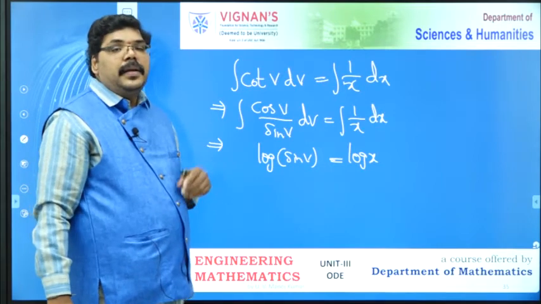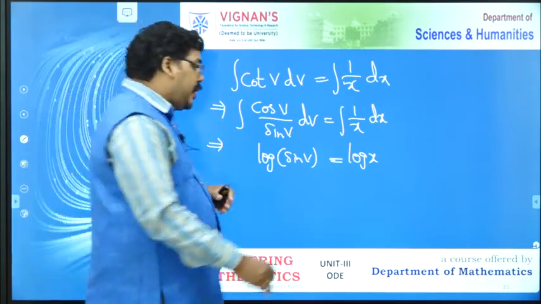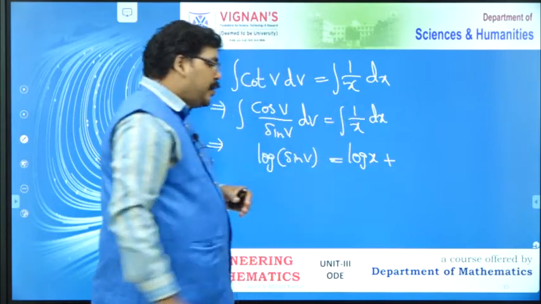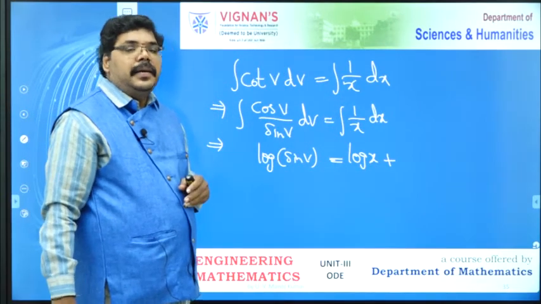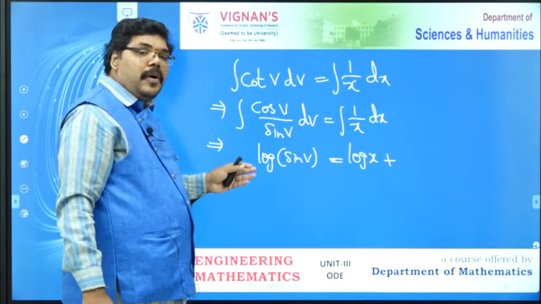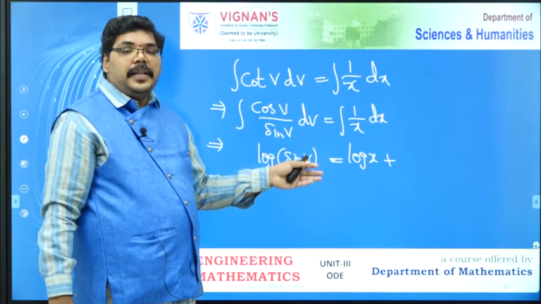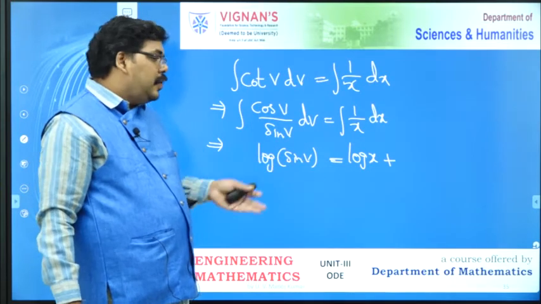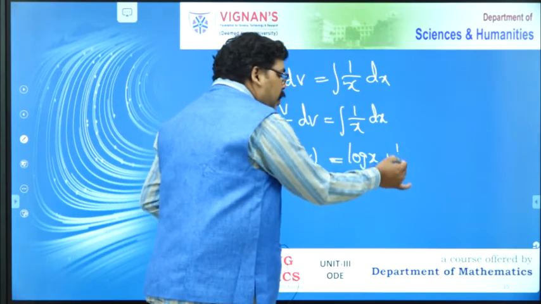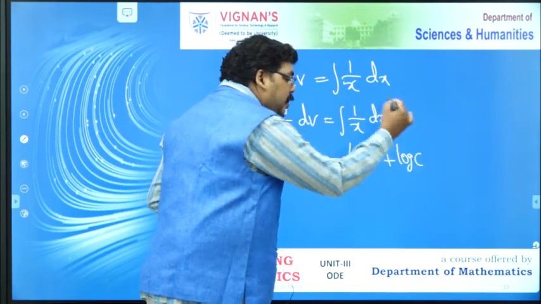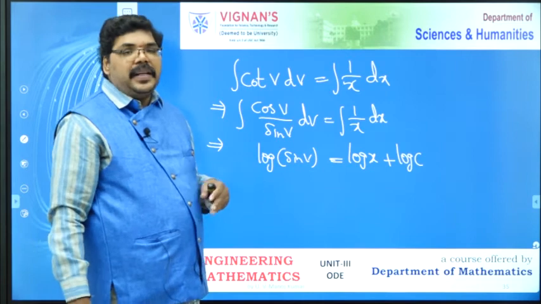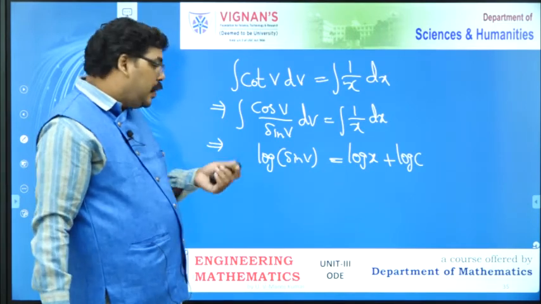Integration is completed, so add the integrating constant. You can add c, but already one log is there on the LHS and another log on the RHS. In order to match this, the integrating constant is conveniently written as log c.